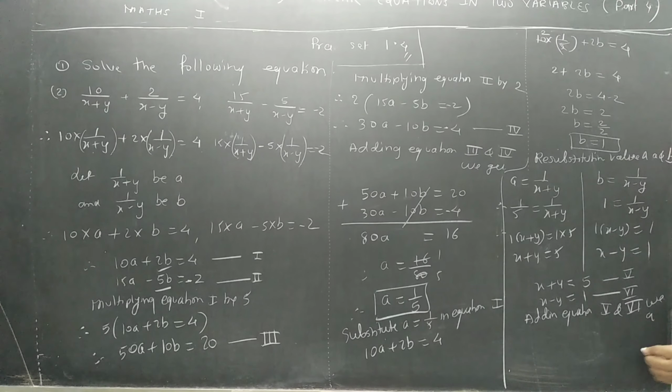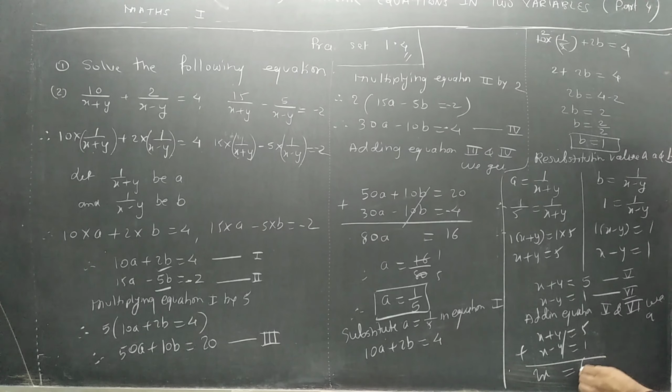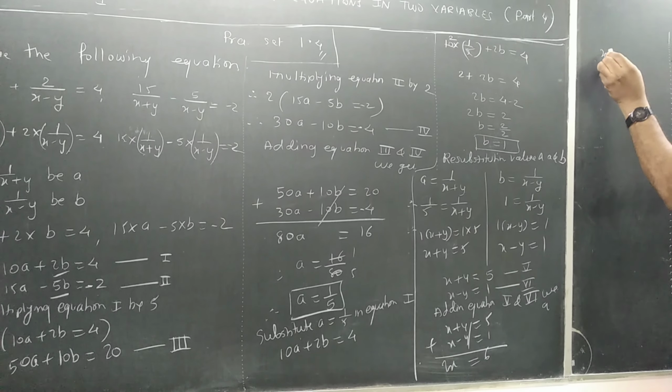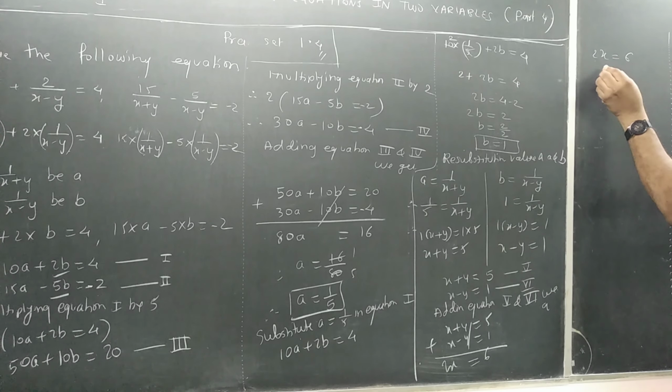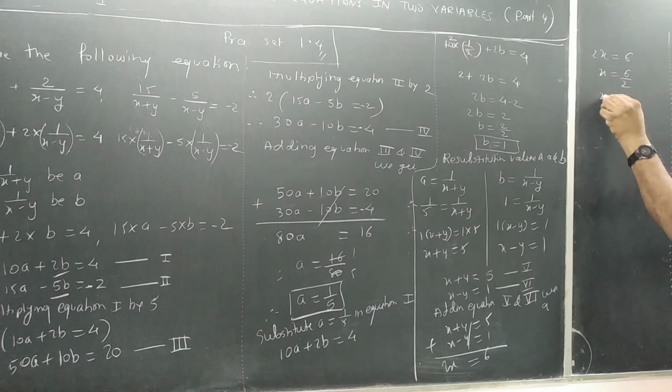What I'll get? x plus y is equal to 5, x minus y is equal to 1. When I am adding it, I'll get 2x is equal to 6. Okay? 2x is equal to 6, x is equal to, we got 3.